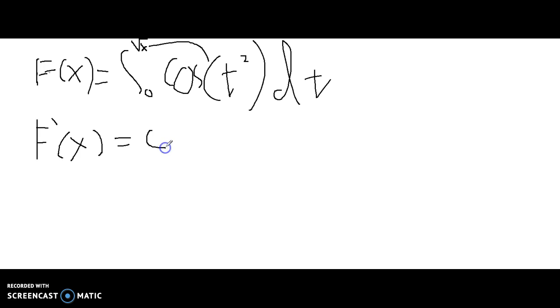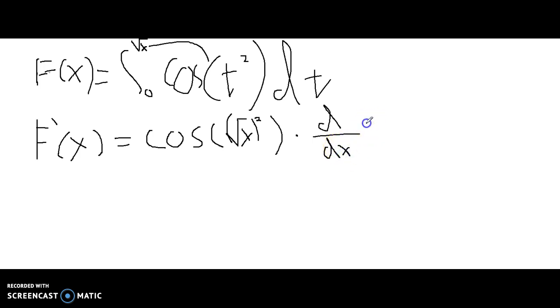So it's going to be cosine of root x squared. Let's put parentheses around this too. Times d over dx, the derivative of root x.